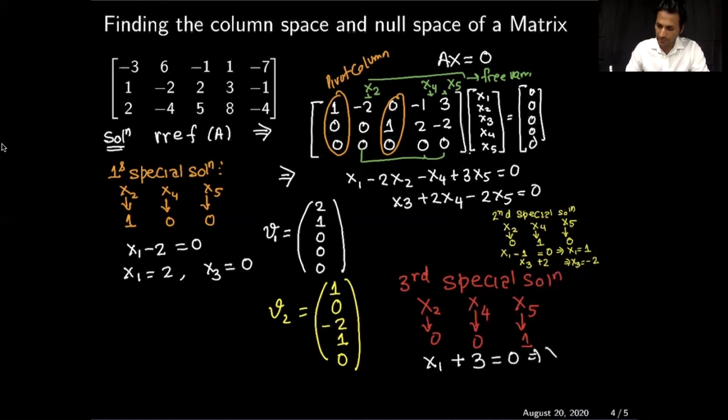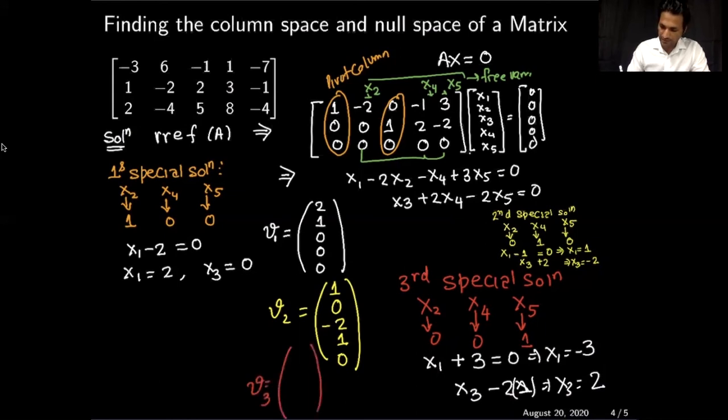This gives you x1 is equal to negative 3, and x3 minus 2 times x5, which is 1, implies x3 is 2. So that will give you V3, the third special solution: x1 is negative 3, x2 is 0, x3 is 2, x4 is 0, and x5 is 1.